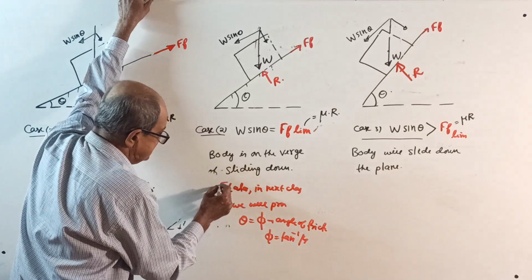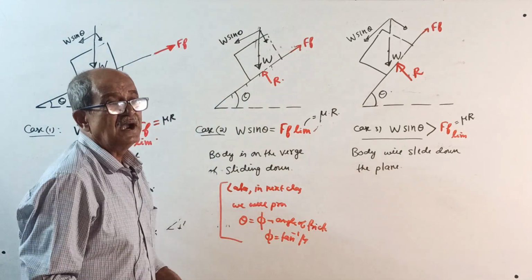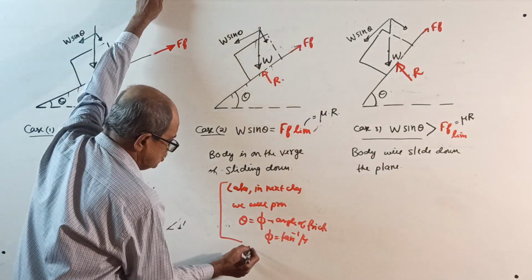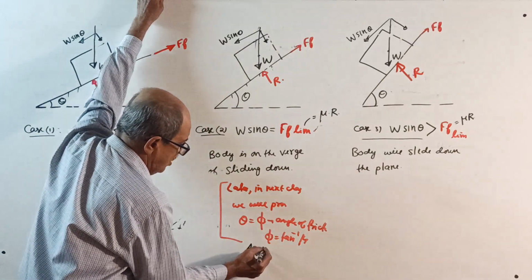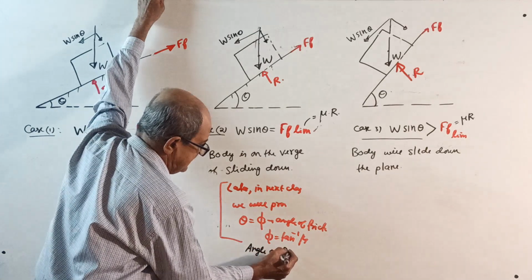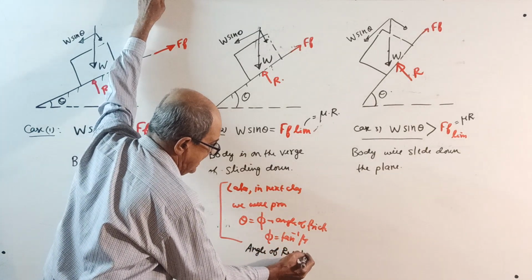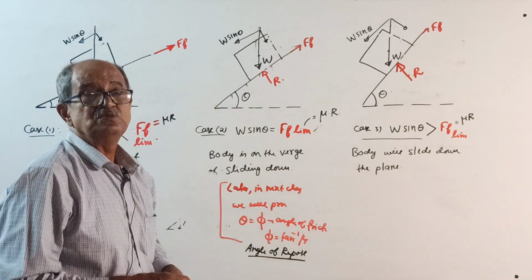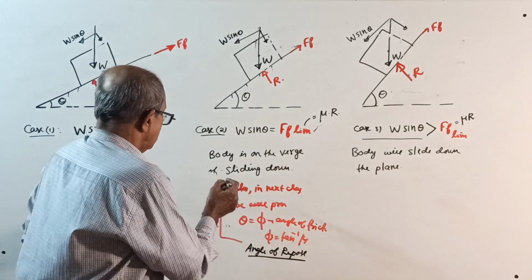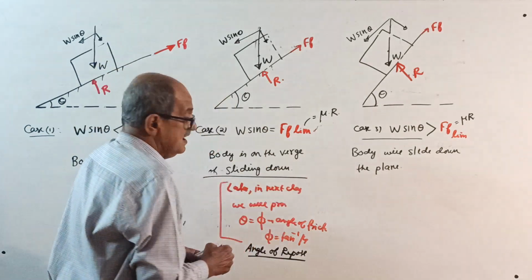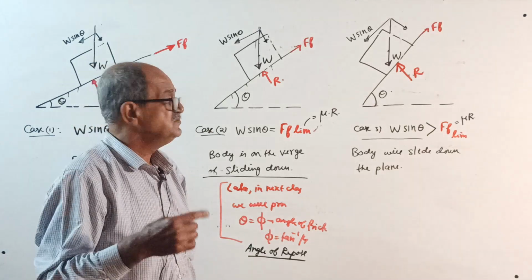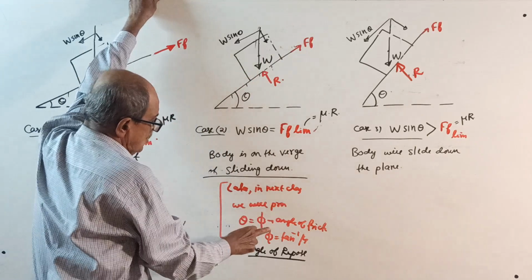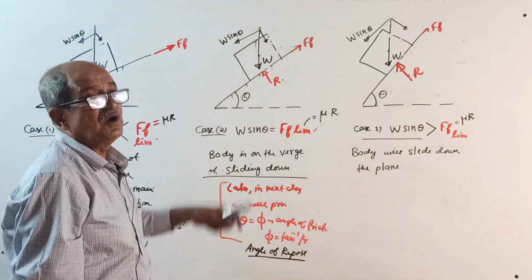It's an important bookwork. A term called angle of repose will also come, which you hear mostly in soil mechanics. It will come here also. So right now you study up to here only. This is a note: next class we will prove that this is the case when theta equals phi, where phi is the angle of friction.